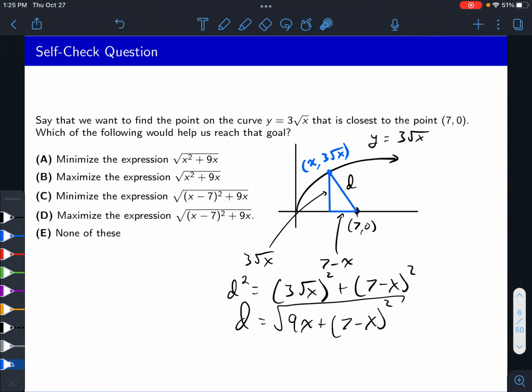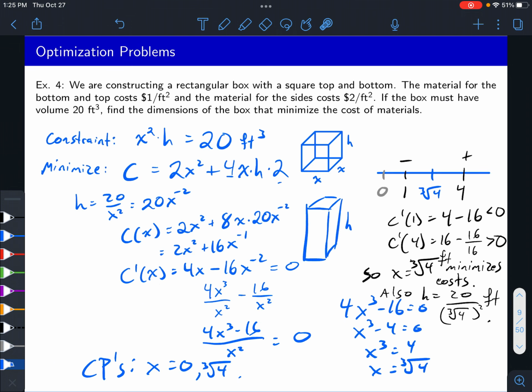We were trying to minimize this thing, which we can find by using the Pythagorean theorem. We get the lengths of these using some basic subtraction, like 7 minus x to get this distance, and then 3 square root of x to get that distance. And this was the thing that we were trying to minimize there, that Pythagorean theorem thing.